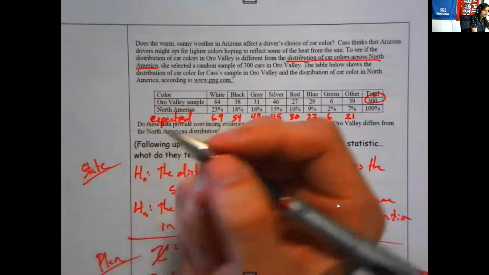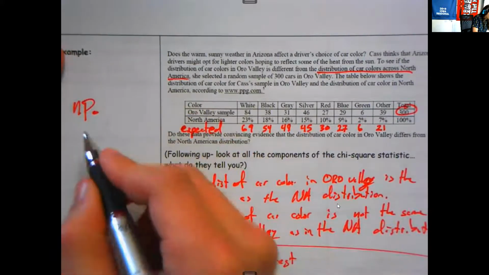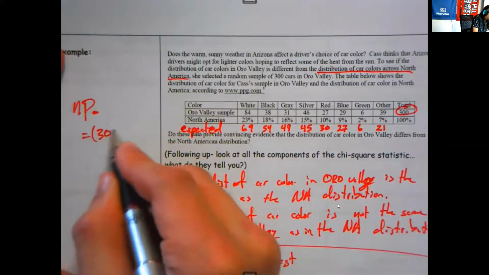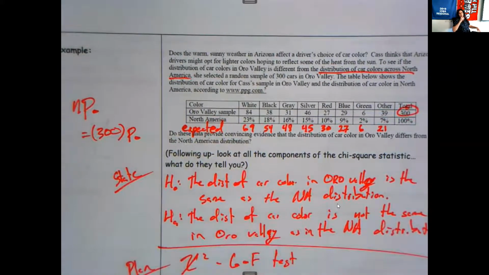Again, I'm getting all those values by multiplying n times the hypothesized proportion. In this case, that's 300 times the hypothesized proportion. So 300 times each of those percentages will give you those numbers I've written down below. And you'll notice that those are all greater than or equal to 5, so the condition is met.